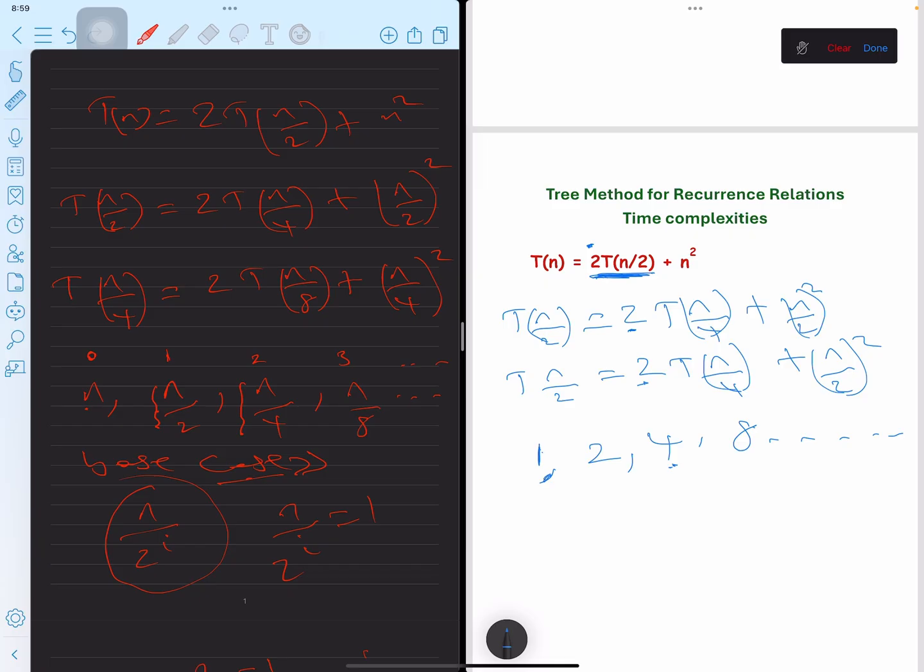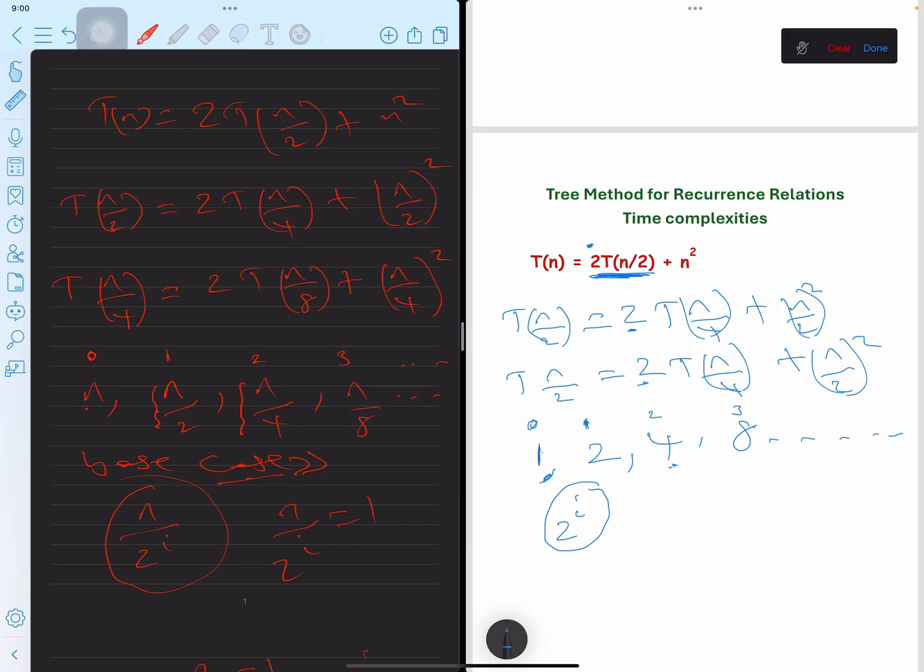This number of sub-problems is like a pattern. So I can say 2 to the power of i represents the number of sub-problems at each level.